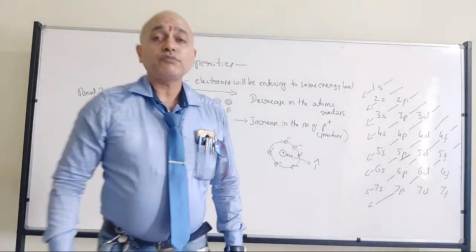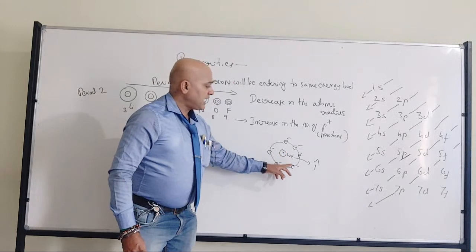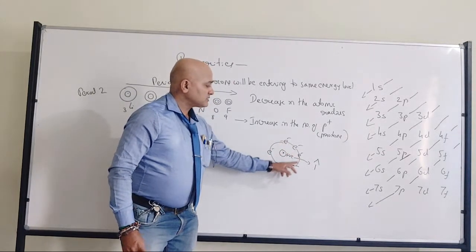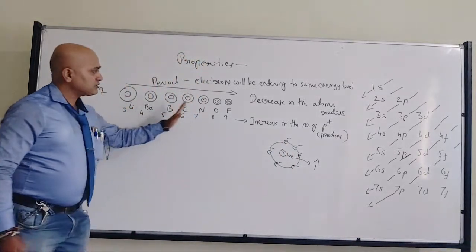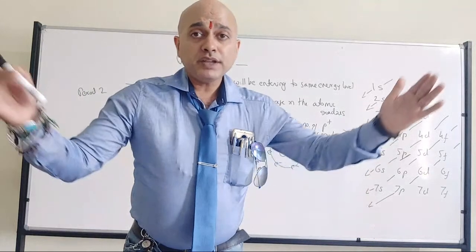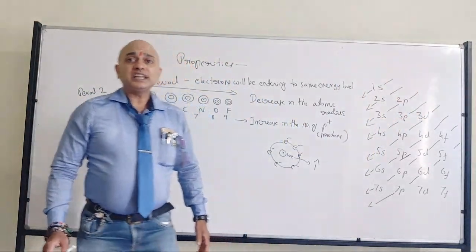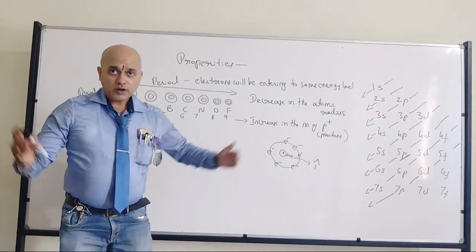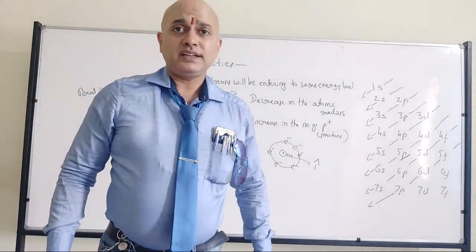So due to that, what will happen? More positive charge will be acting on the electrons which are in the same energy level, because we are adding electrons to the same energy level. So due to that, there will be contraction of the outermost energy level.